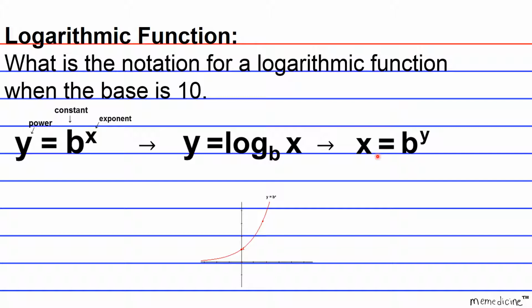Or simply put, you just switch the x and y values. So for this or any inverse function, constants are always going to remain in the same position. That's why they're called constants.